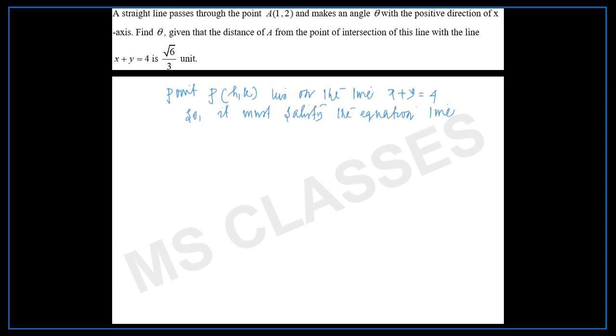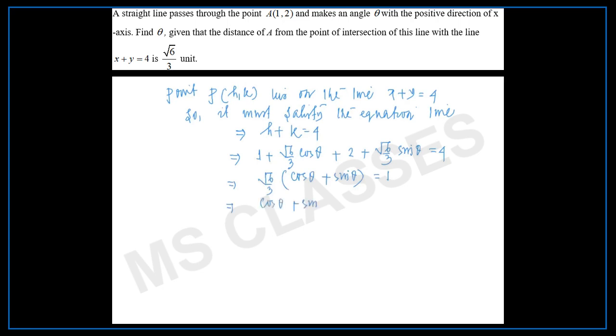That means h plus k equal to 4. Now we know the value of h, which is 1 plus root 6 by 3 cos theta, and k is 2 plus root 6 by 3 sin theta, and that is equal to 4. From this we can write cos theta plus sin theta equal to 3 by root 6.